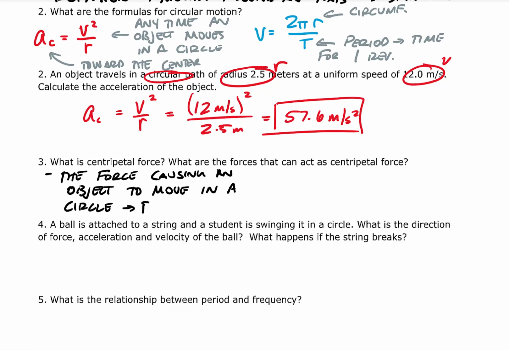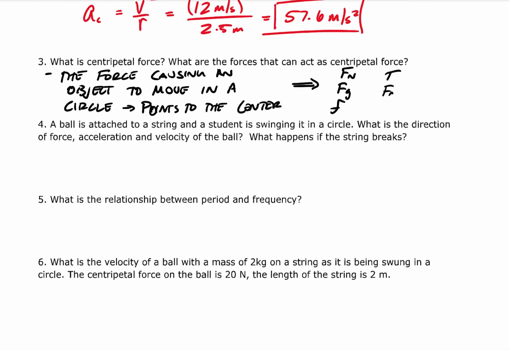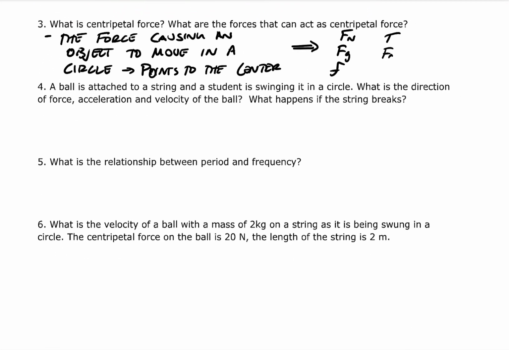One thing to keep in mind is that this points to the center of the circle, and this could be any number of forces. Could be the normal force, it could be gravity, it could be friction, it could be tension. Any number of forces, could be just some applied force. Any number of forces could cause the centripetal force, but it has to be caused by a real force.